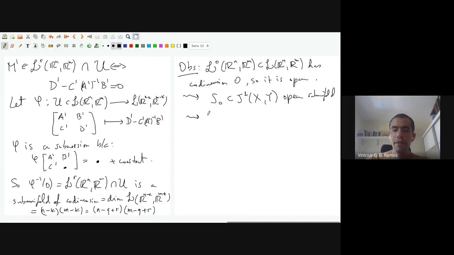And therefore, the complement of S0, which is the union of all the Sr for r greater than or equal to 1, is closed. Okay? All right, any questions about this? I know this is elementary, but it's also a little convoluted, I guess. If anybody wants me to go back some pages, please ask.